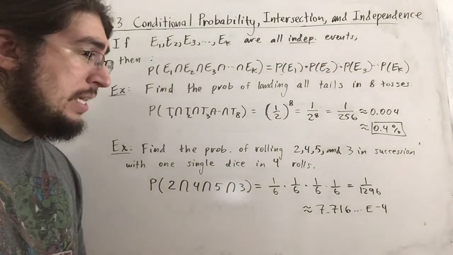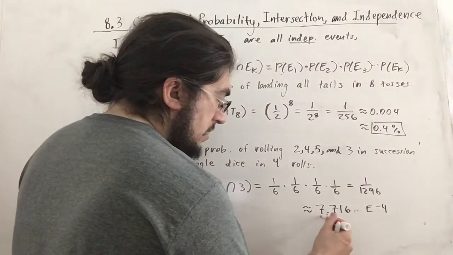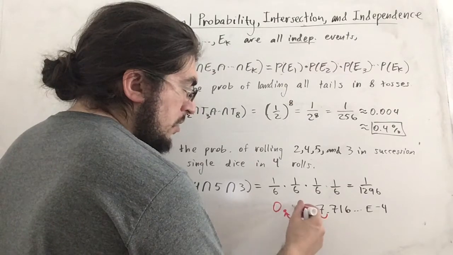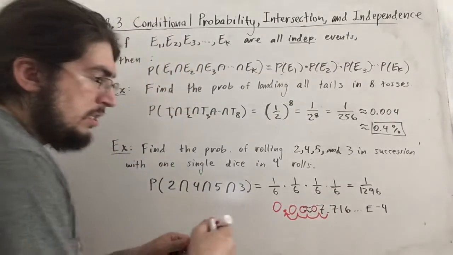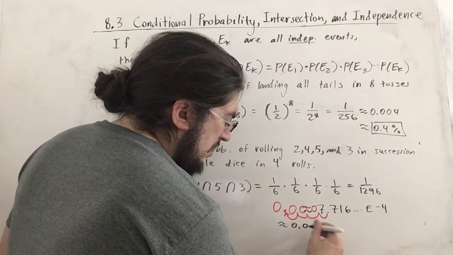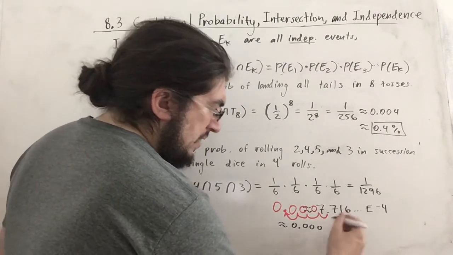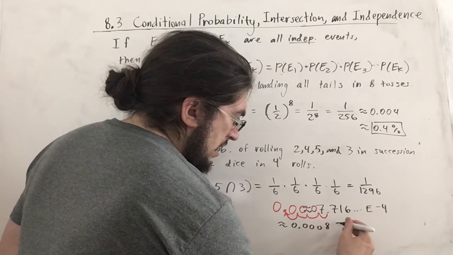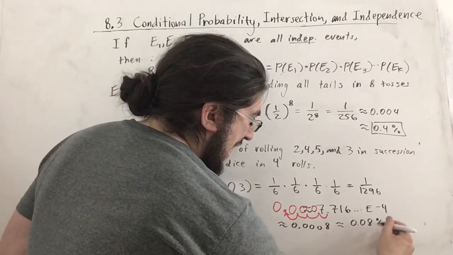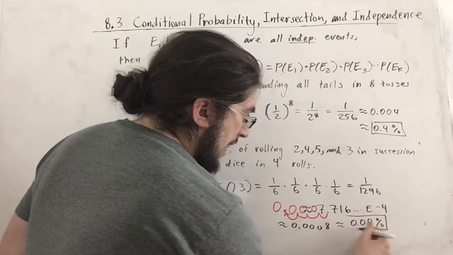So in reality, this decimal is really 4 places to the left. If you bounce this over 4 places to the left, you have 3 gaps here. So in reality, this is approximately 0.00077. If you round it to 8, in percent, that's 0.08%. Extremely low chance of that happening.